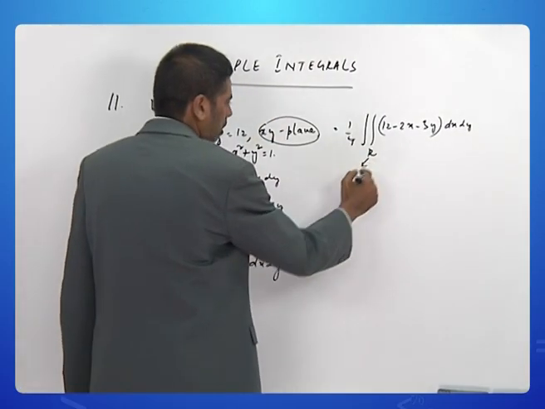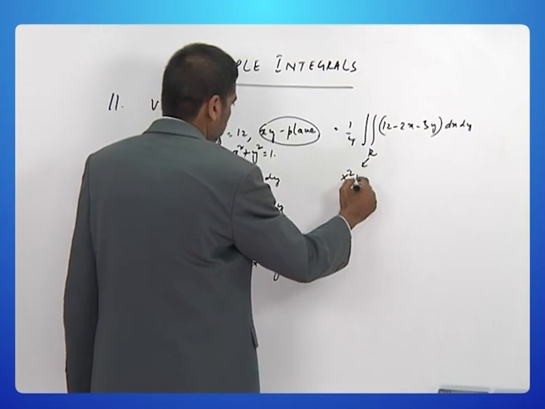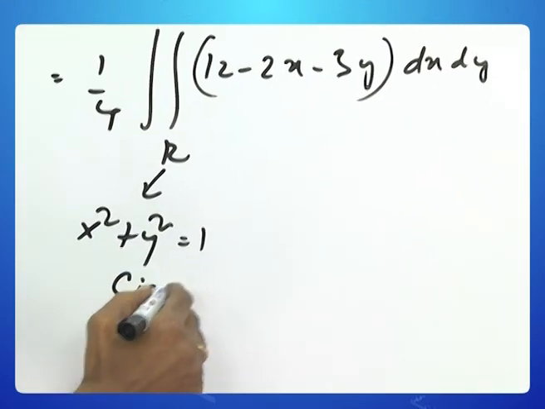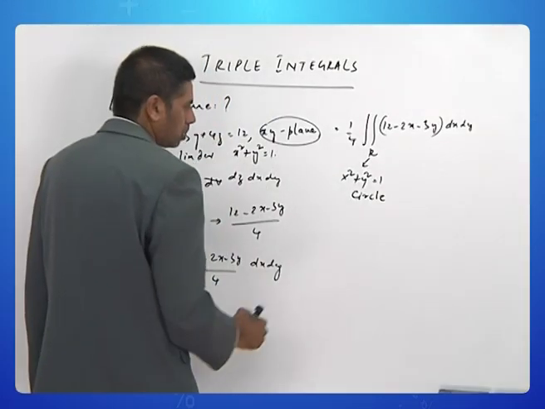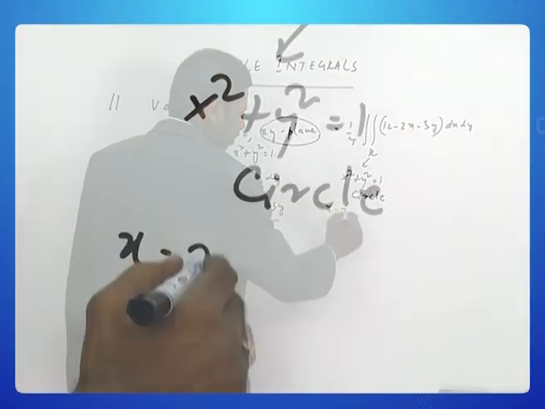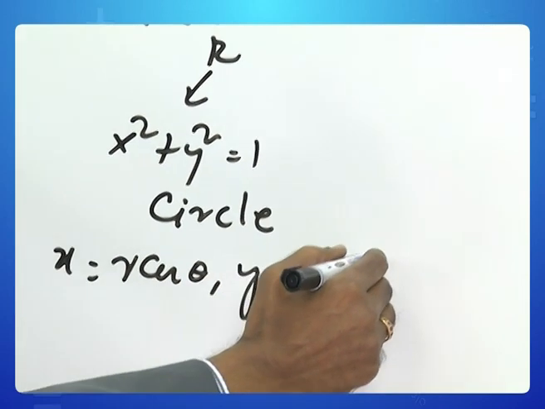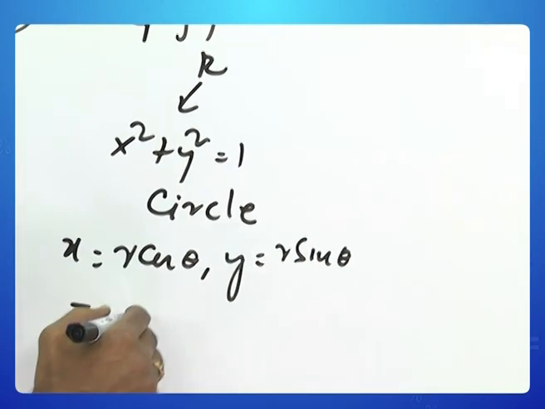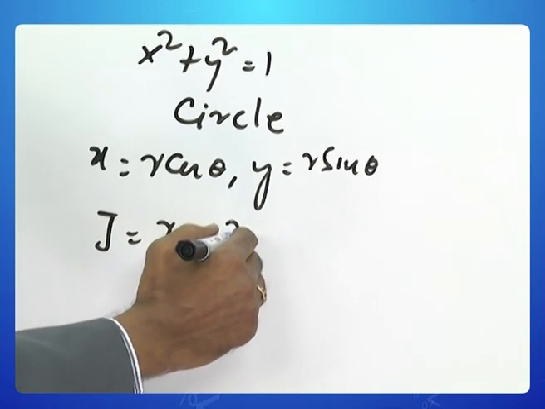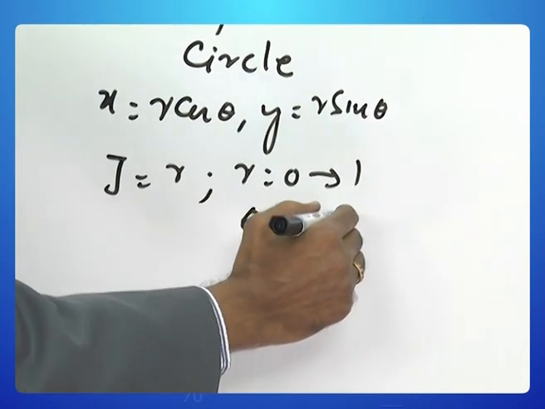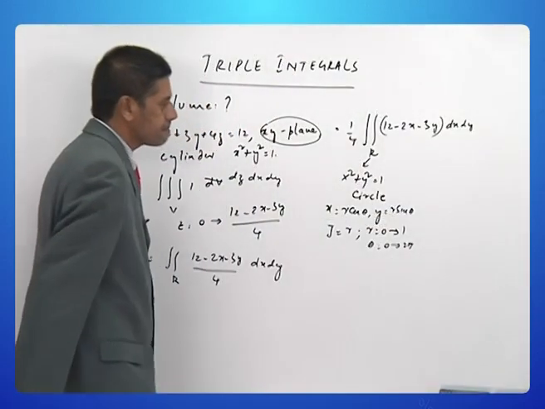and this region R will be x square plus y square is equal to 1, which is a circle. So use x is equal to r cos theta, y is equal to r sin theta, Jacobian is r. r varies from 0 to 1, theta varies from 0 to 2 pi.